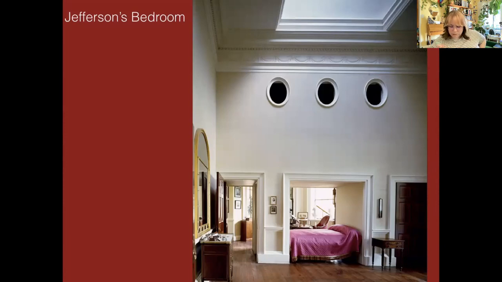I can't get over how stupid this is, okay? So this is Thomas Jefferson's bedroom, okay? And you can see through this doorway and through this random hole in the wall, that's his office, okay?